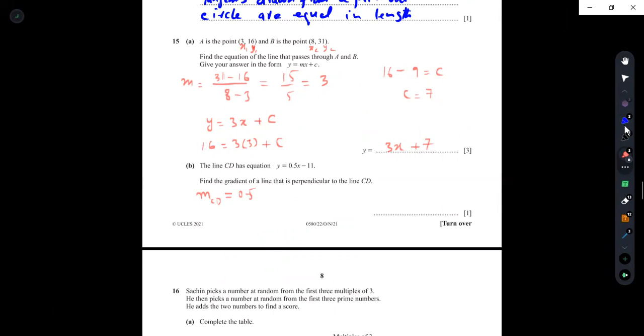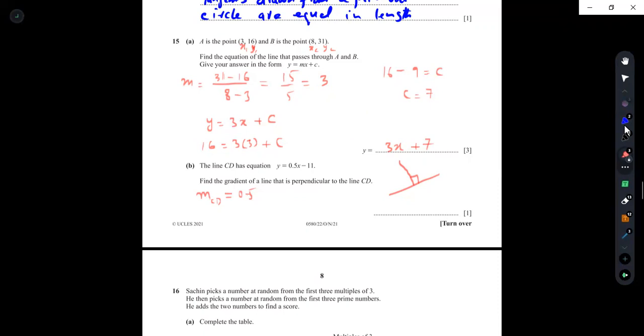Here we need to know a basic rule: when two lines are perpendicular to each other, the product of their gradients is -1. Or, if we know the gradient of one line, the other line will have the gradient that is the opposite reciprocal of the first line.